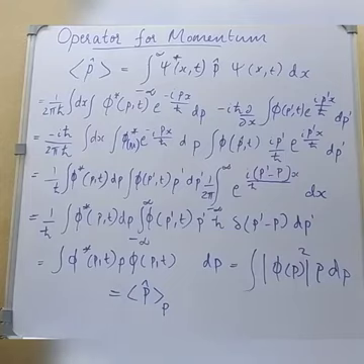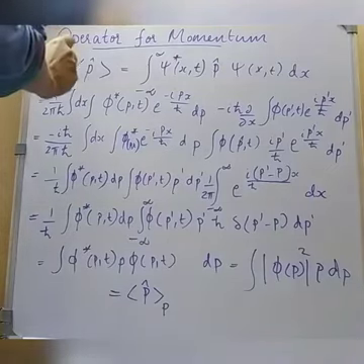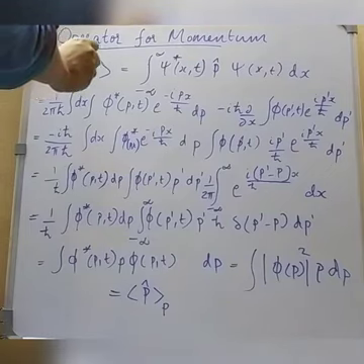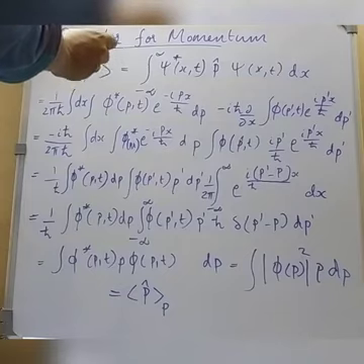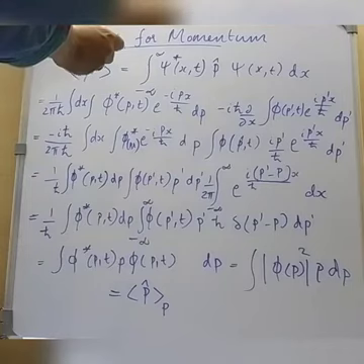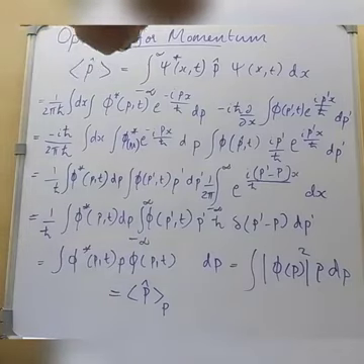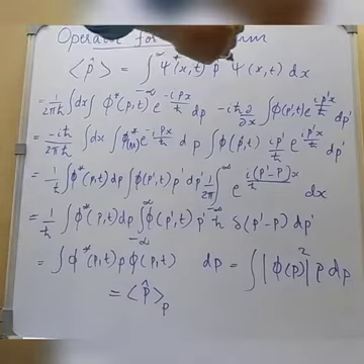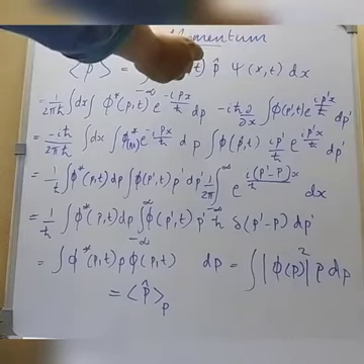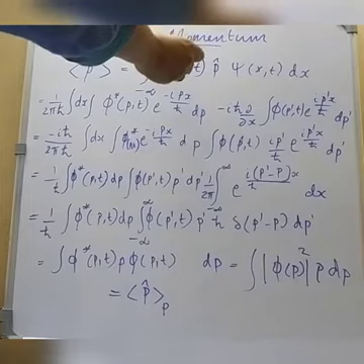Okay, now we will move on to operator for momentum. So let us begin with expectation of operator P. Actually, as usual, like what we have done for position operator, we begin with the position space wave function, and that is written in terms of momentum space wave function using the Fourier analysis.